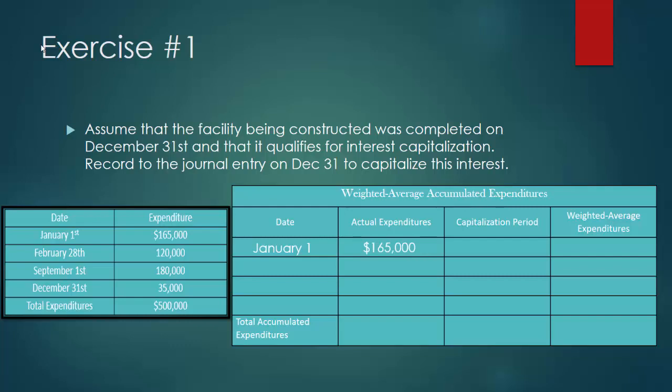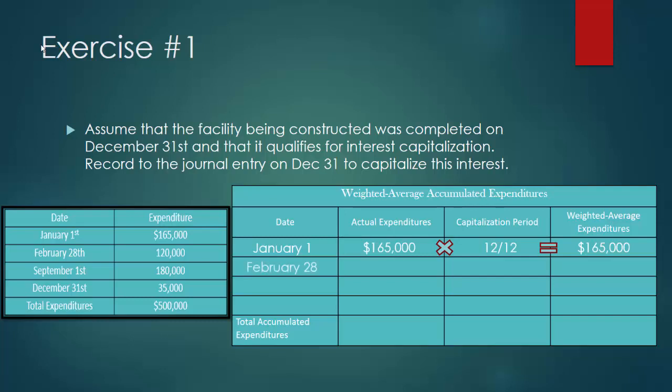It tells us that we finished construction on December 31st, which means if we made this expenditure on January 1st and we didn't finish construction until December 31st, the whole year counts. So our capitalization period is going to be 12 out of 12. And if we multiply our actual expenditure by that, we get $165,000 going to our weighted average expenditure.